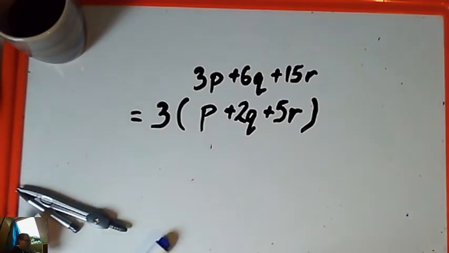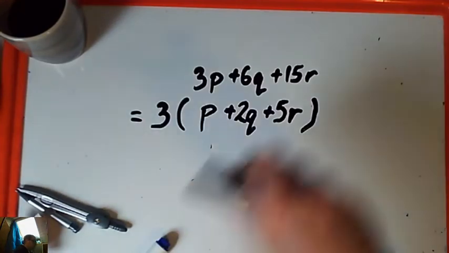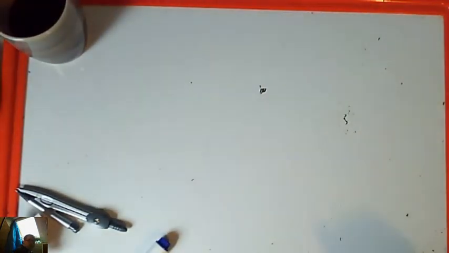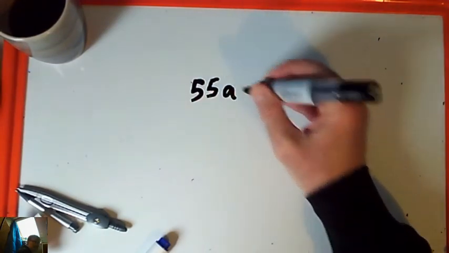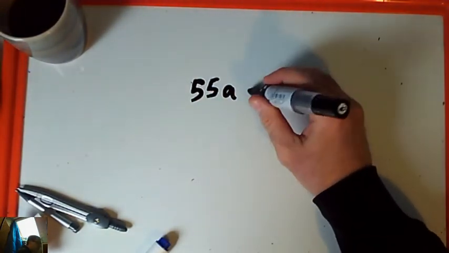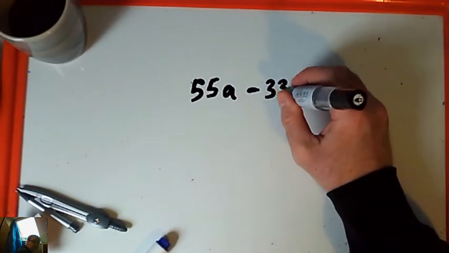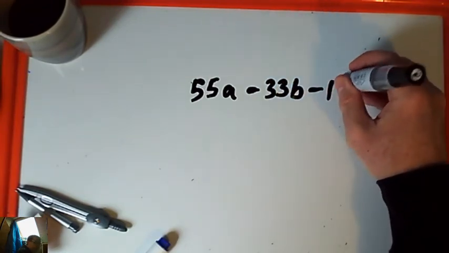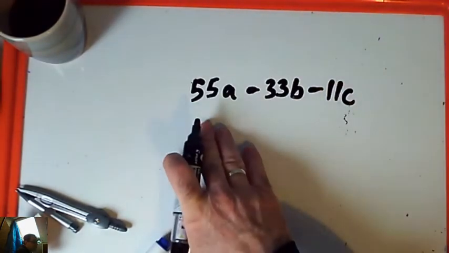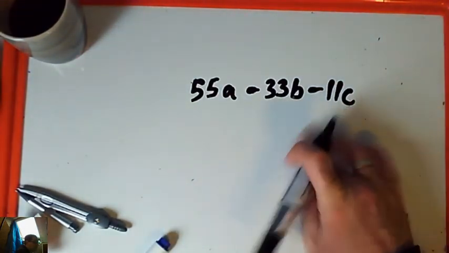Okay, on to the next one. Next one says 55a minus 33b minus 11c. Well, you might spot straight away that there's lots of multiples of 11 there.